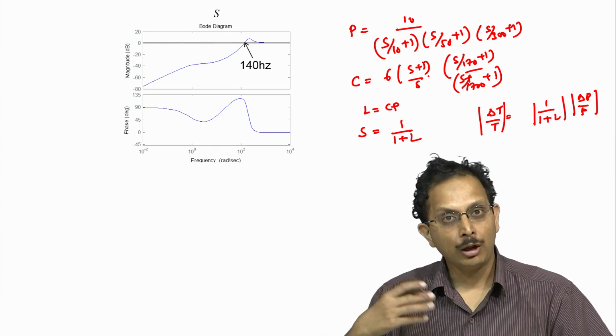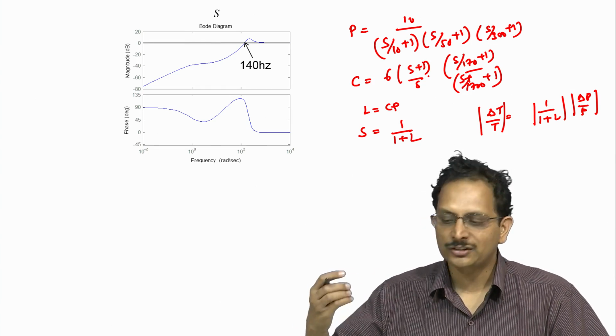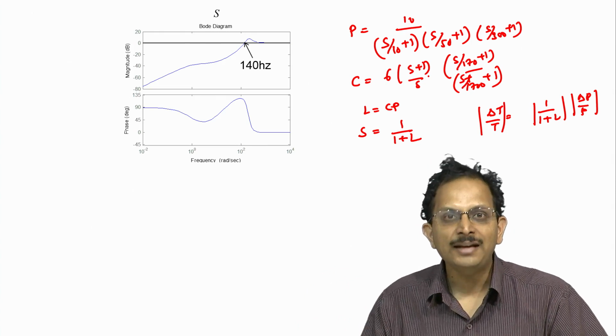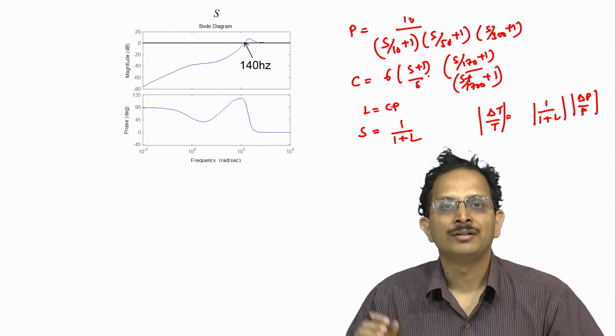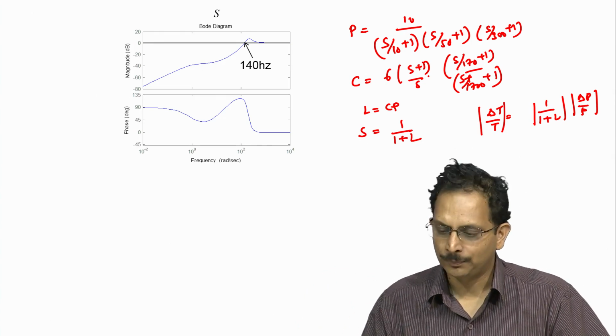Therefore, the overall closed loop system is more sensitive to variations in the plant parameters than the case when we did not have feedback at all in place.